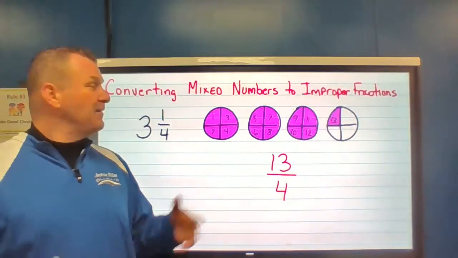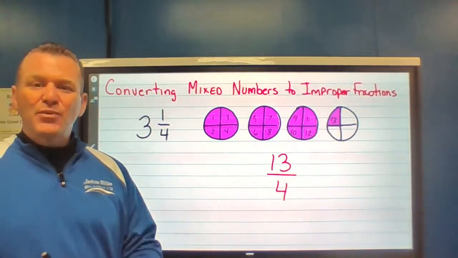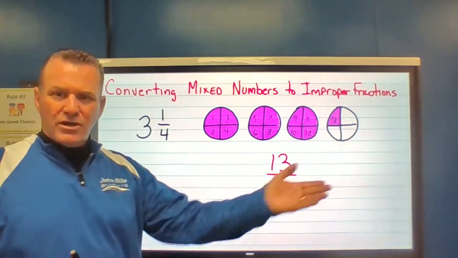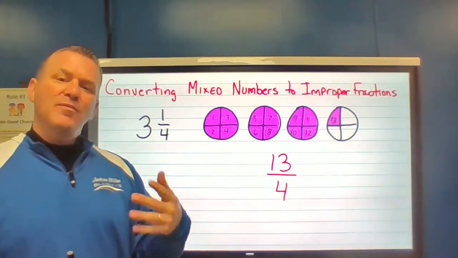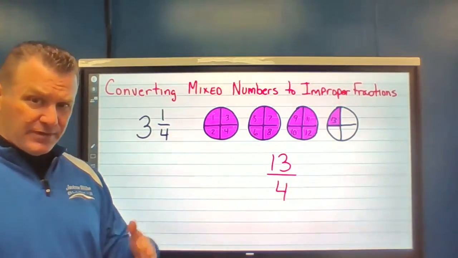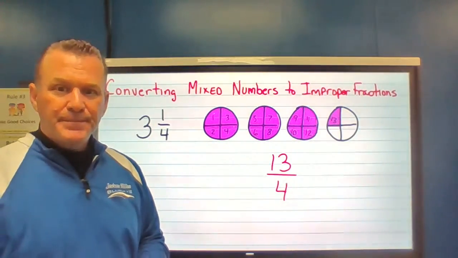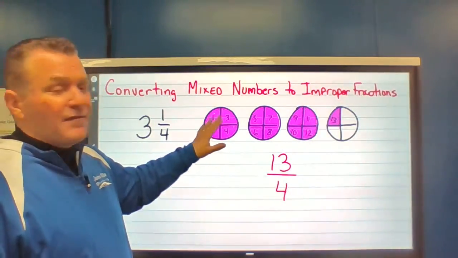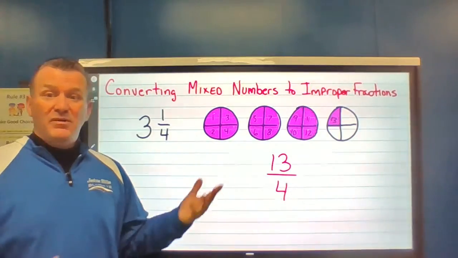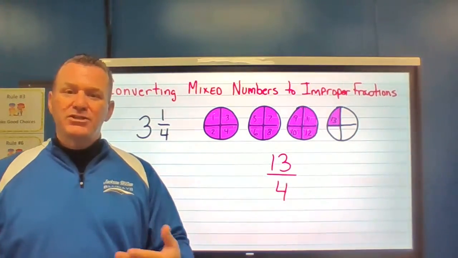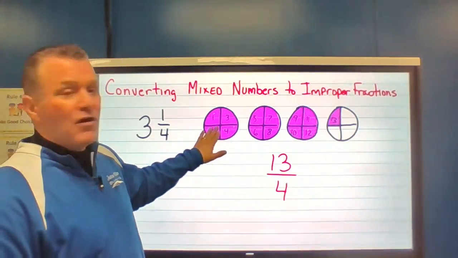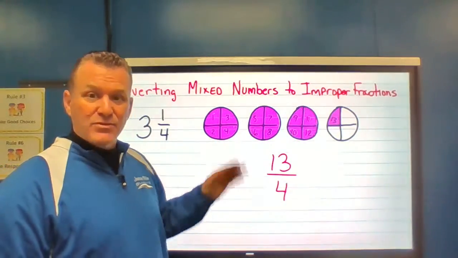Now, for us to convert this, we could draw a picture and we could count every single piece. But if I had 63 1/3, I'm not going to draw 63 whole pies. So mathematically, we could do this differently. I have 4 pieces in each pie. So if I wanted to repeatedly add these, that's repeated addition, which is multiplication. I could say 4 pieces times those 3.